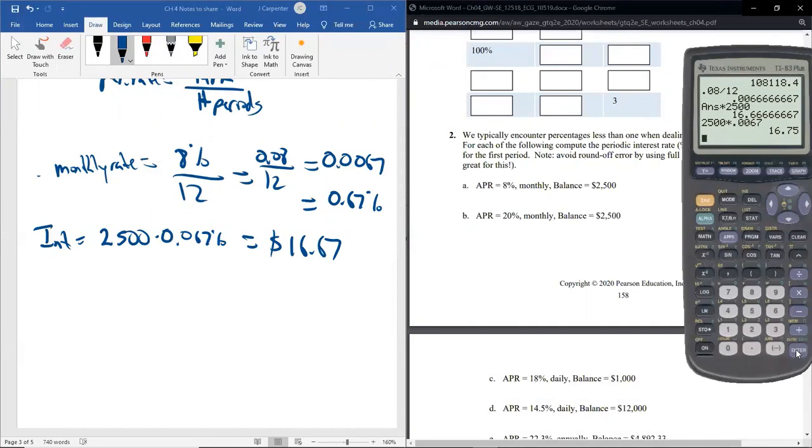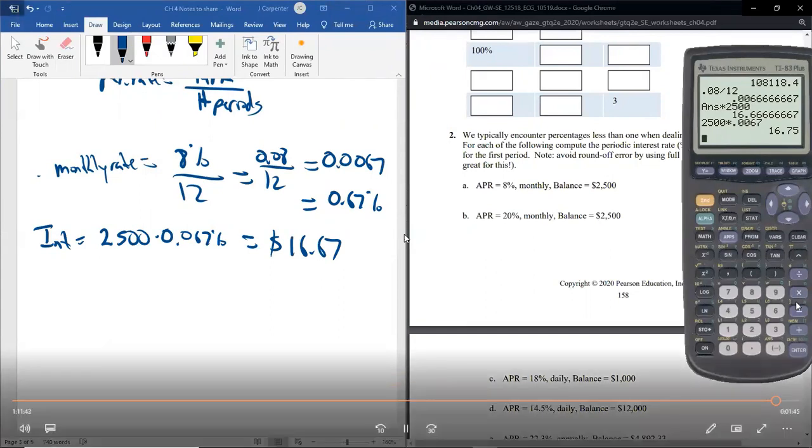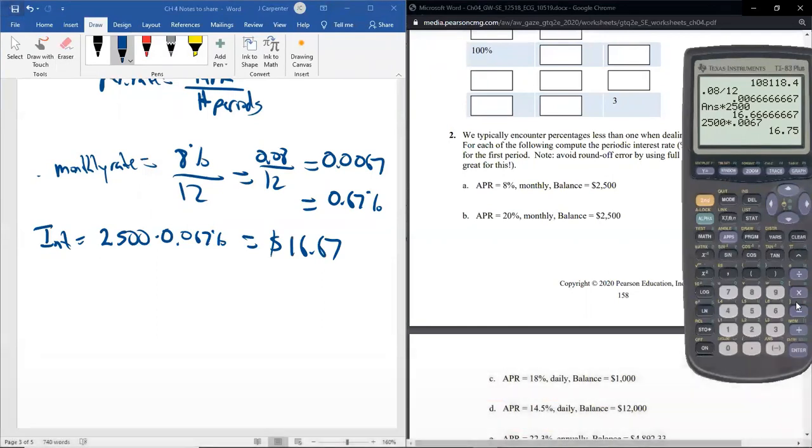No. But this is how, maybe a bank steals money potentially. I don't know, or somebody, maybe not just a bank. Or maybe it's just you going, hey, I should have had to pay $16.75, but I only paid $16.67. Why didn't the bank charge me that extra 8 or 9 cents? Well, because you used a rounded number and the bank used the actual number.